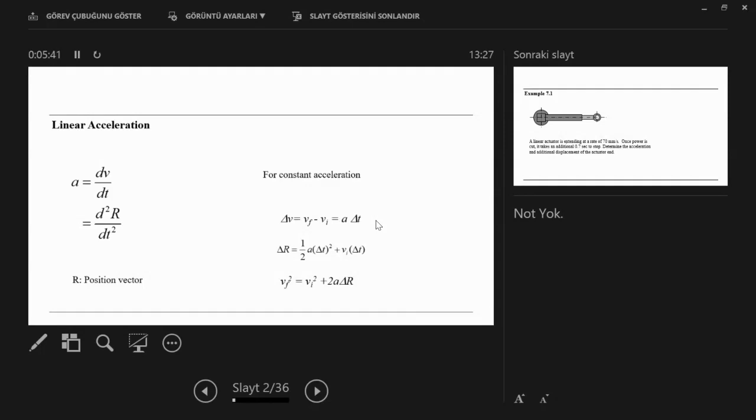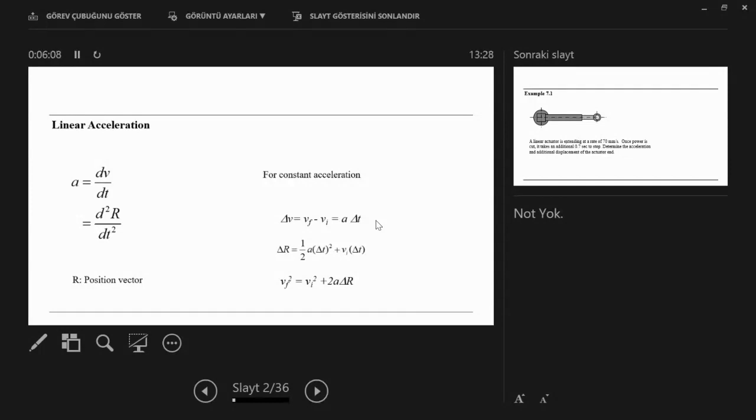We also know these equations from kinematics for constant acceleration, that means the acceleration is not changing. Then we write delta V, the difference between final and initial speed, equals a times delta t.